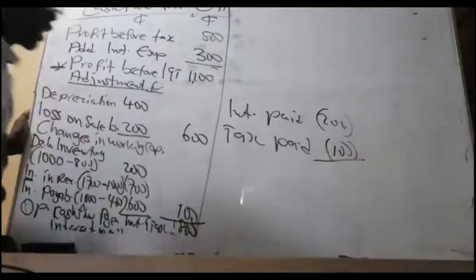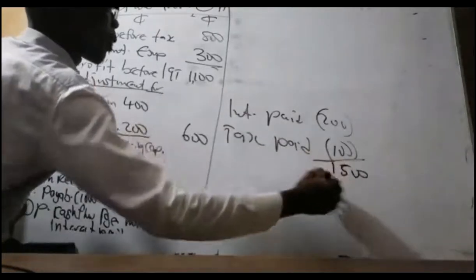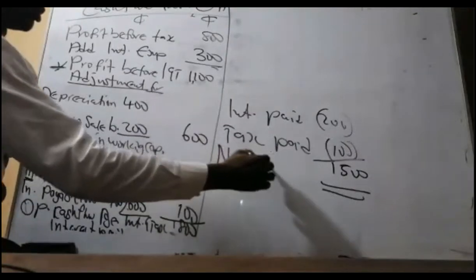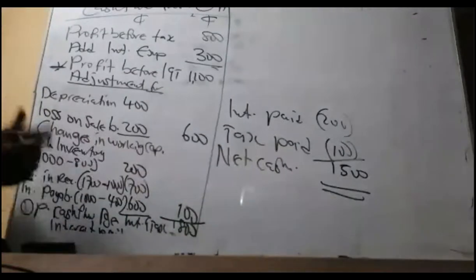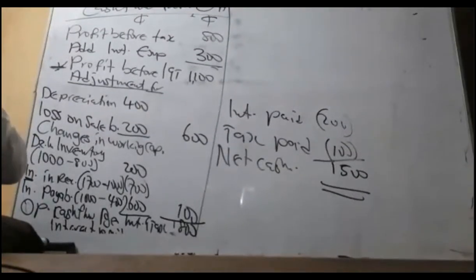So then final answer 1008 minus 300 will give us 1005. That is the net cash flow from where? Operating activities. Then we are done with that. Net cash inflow from the operating activities.